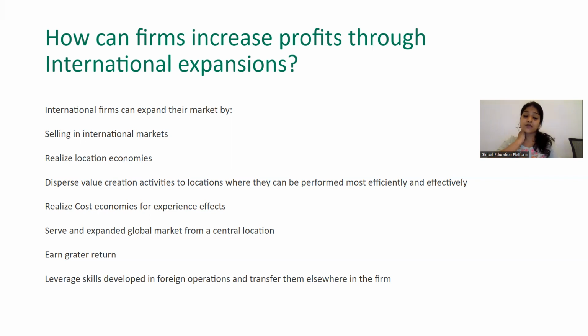Right, so this is one of the main important reasons why they move, in order to achieve efficiency in operations, because this was something that we discussed in the first class, where businesses move to international markets because they are able to be closer to the resources they need, whether it be human resources or the raw materials.